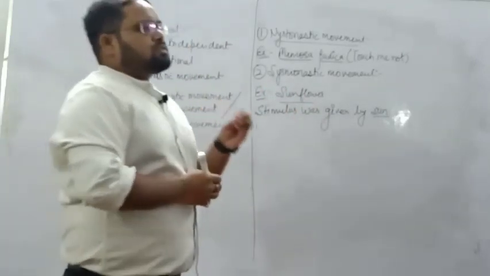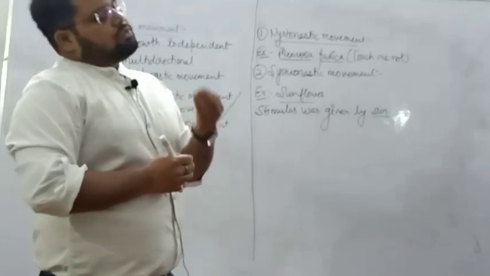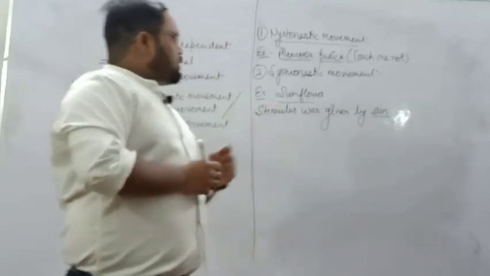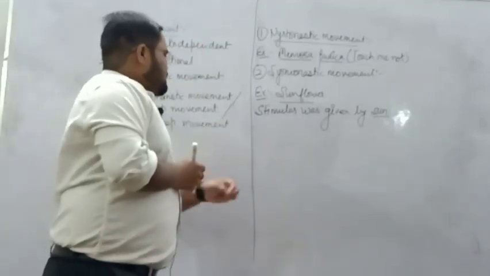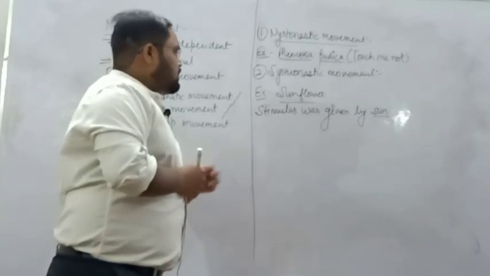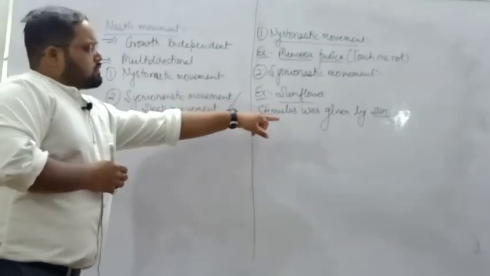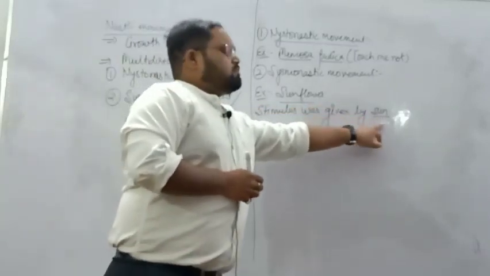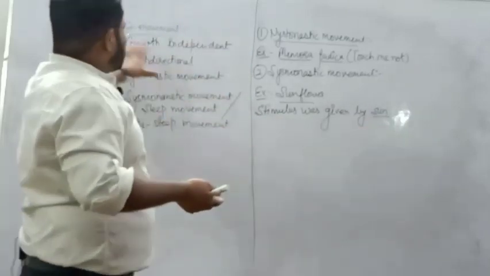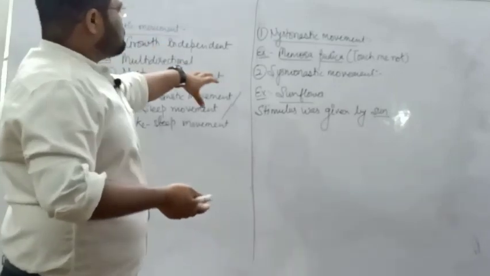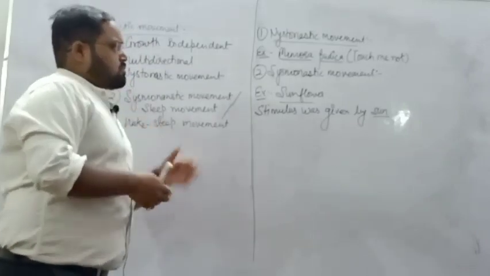When the sun rises, the sunflower opens. When the sun sets, it also goes down. So the sunflower always follows the direction of the stimulus given by the sun, because when the sun rises it is open, and when it sets it is down. So these are some points about nastic movement, nastonastic and seismonastic movement.